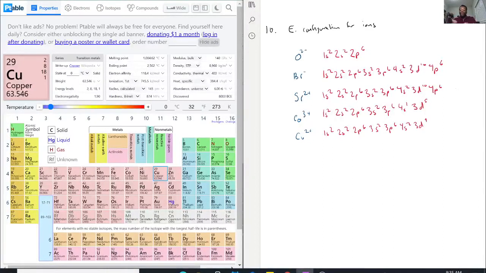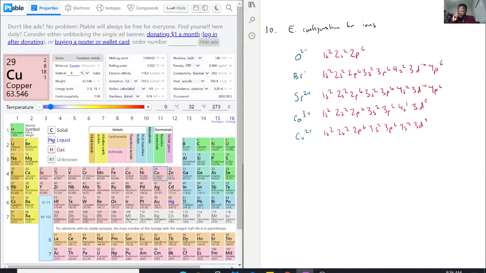Okay, it's 1 away from filling its shell. So with that being said, for this one, we want to make sure we approach it the best way. Copper doesn't really lose much going from 3d9 to 3d7, because why would we then get rid of the outer shell?